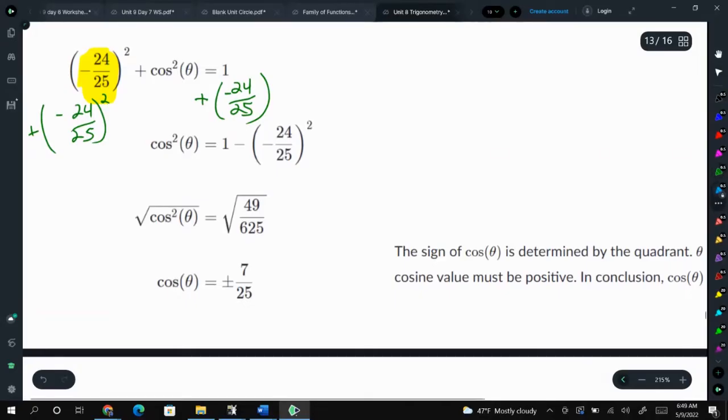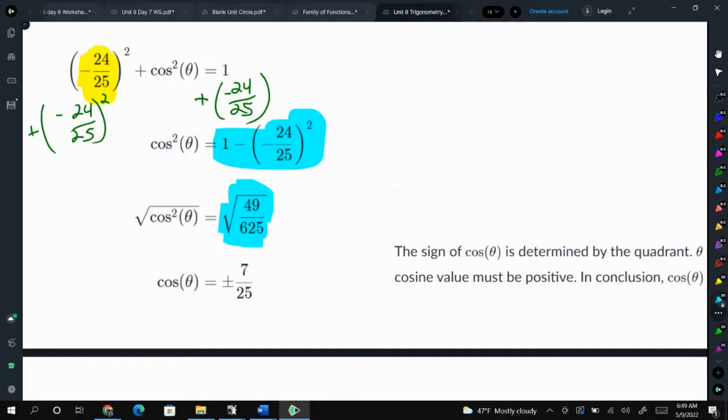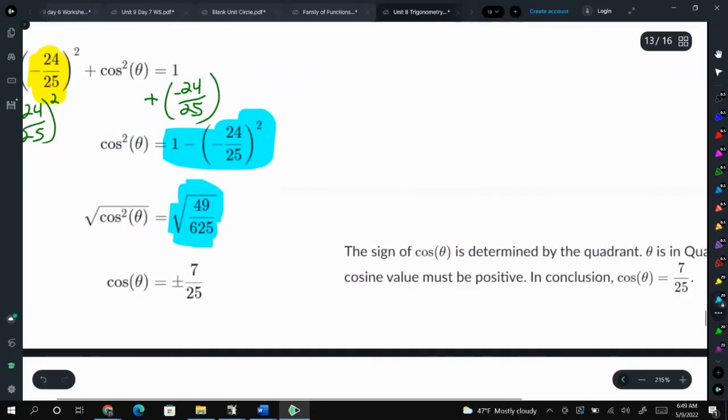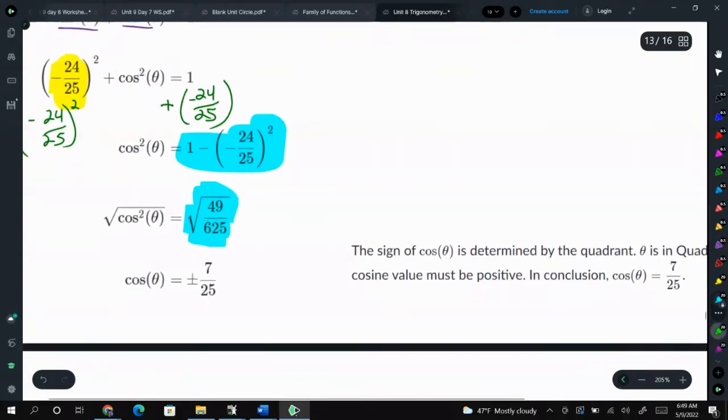So then at this point, this simplifies to that. And then when you take the square root of the top and bottom, you get plus or minus 7 over 25. And again, because we are in quadrant 4, we know cosine is positive. So the cosine is 7 over 25.